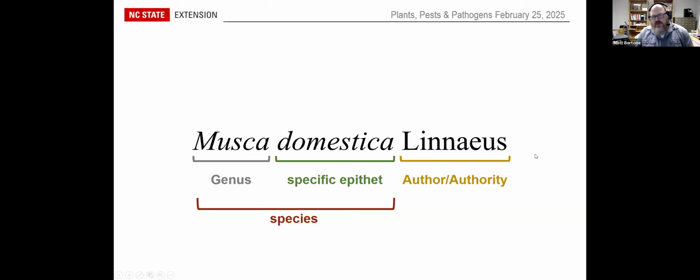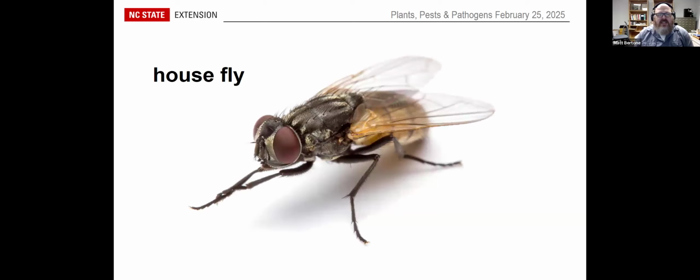Now, I'm not sure anybody knows what this actually is, but just in case you want to know, Musca domestica is the housefly. And so Linnaeus actually named this in that book, Musca domestica. And in fact, a lot of flies he named were named Musca. And nowadays, we include several species in this genus.